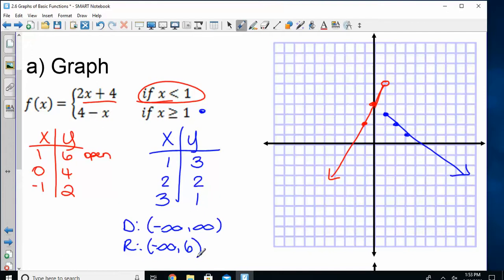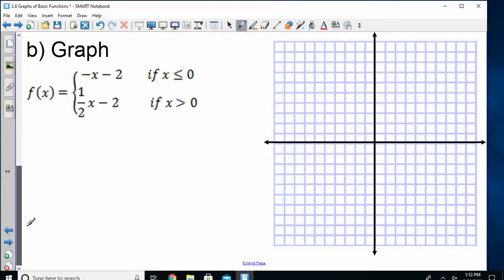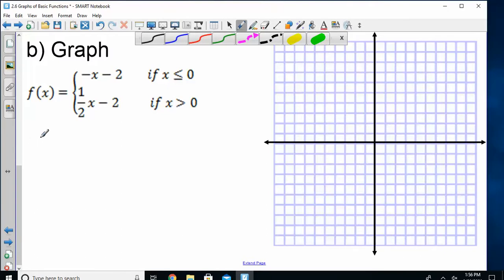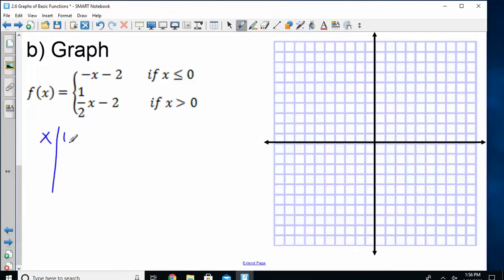Why don't you guys try to graph the next one? So first piece you have to start with 0 and then things smaller than that. It will be a closed circle.